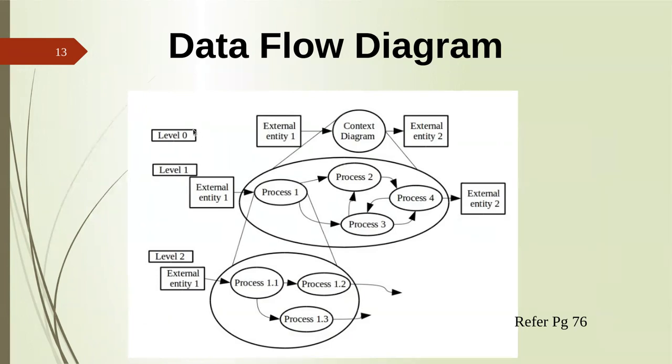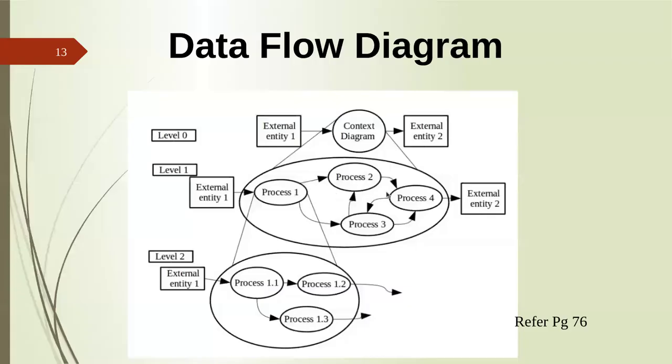We give different levels. When we program a big software, at the beginning we write a context diagram. It's the whole program, given a name, with the entities and the inputs and outputs to these entities.